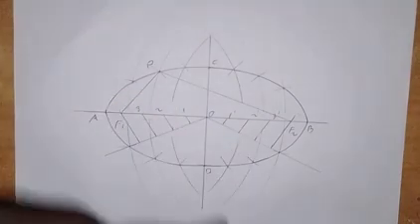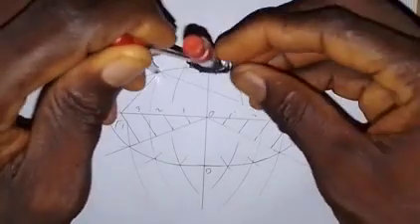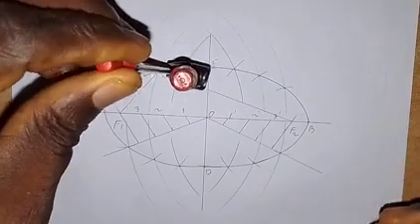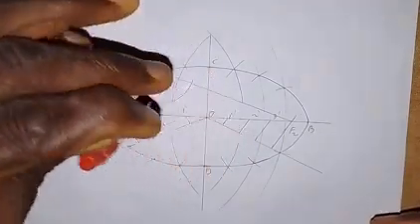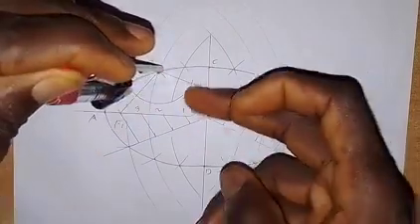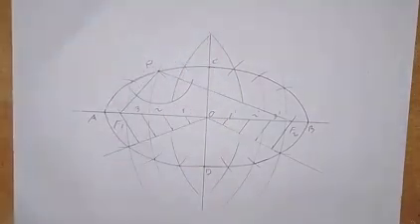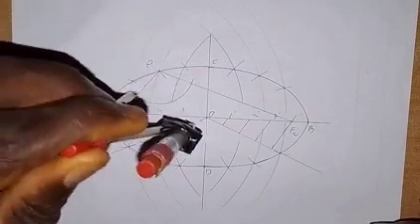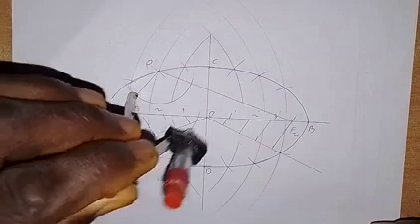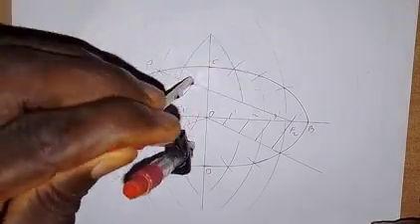Then we are going to bisect this angle. So with the compass at point P, you draw an arc like this. This is the second quadrant where we are asked to put the tangent. So with the pinpoint of the compass here, draw an arc down here. Then bringing it to this point, you draw an arc here.